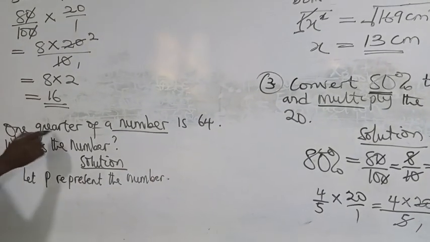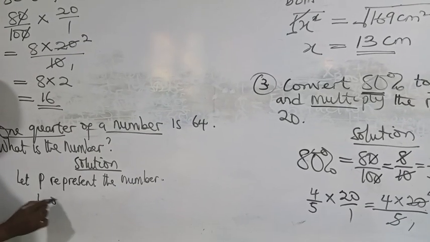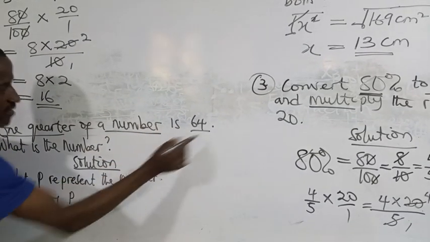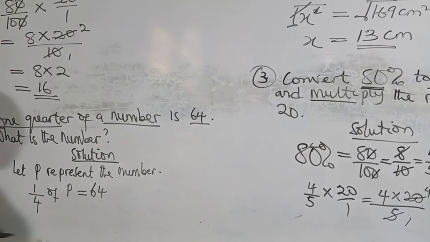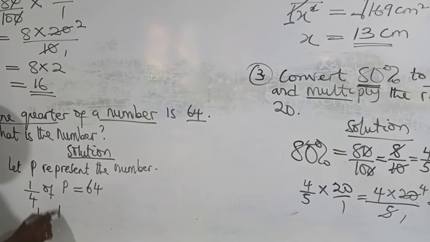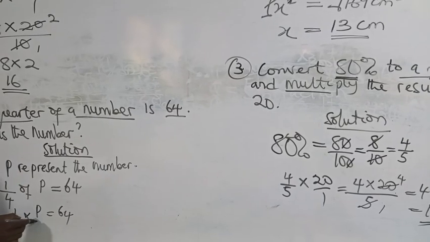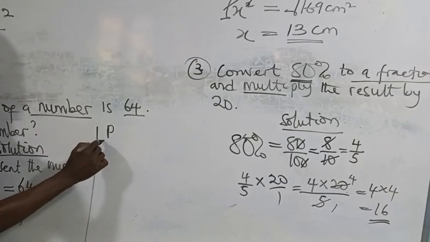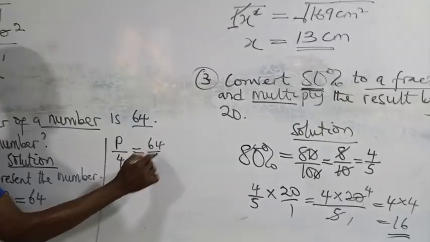Okay? So what is 1/4? 1/4 of P. We said that is equal to 64. So we have 1/4 multiplied by P equal to 64. 1 times P will give us P. We have P over 4 equal to 64 over 1.